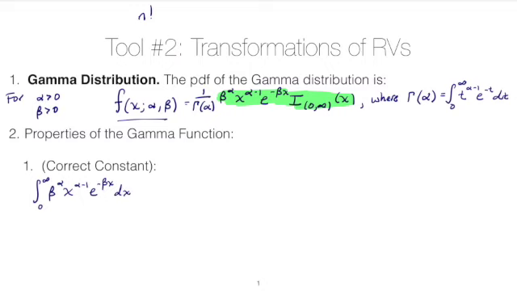So if we take that integral and we get gamma of alpha, then we know that we have the correct constant, which would make our PDF integrate to 1. So the way that we'll do this is we'll combine some terms and then we'll do a u substitution. So let's group the beta times x together raised to the alpha minus 1.